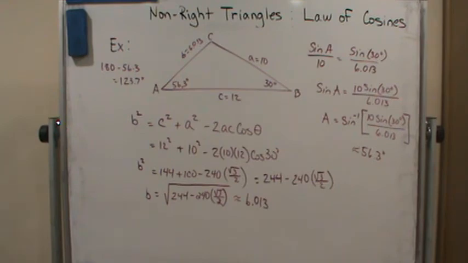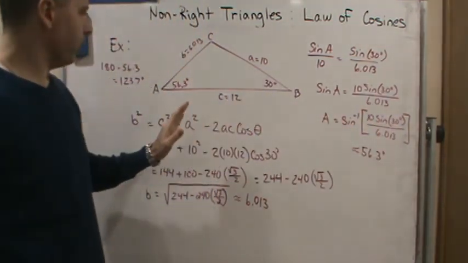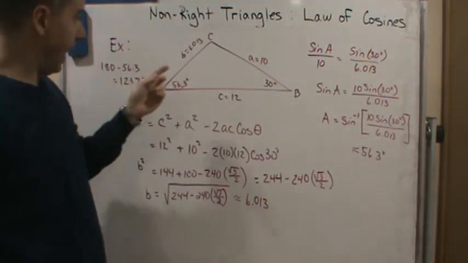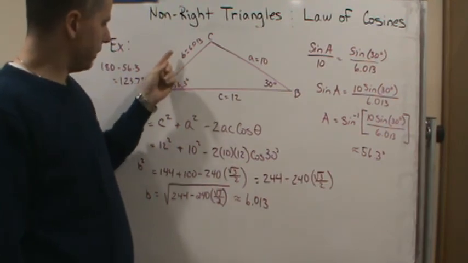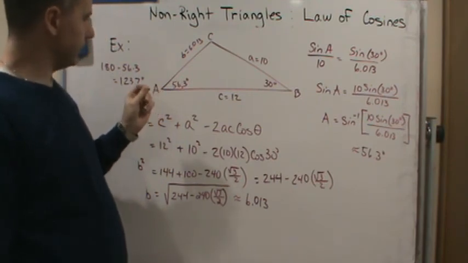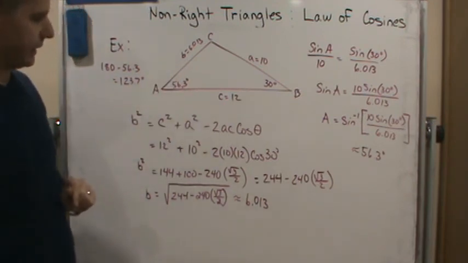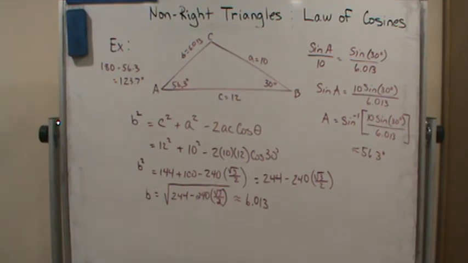The other thing to notice is that instead of using the law of sines, if we were to use the law of cosines, now that we have this angle, we could use this side and this side and this angle, and we could get unique answers.